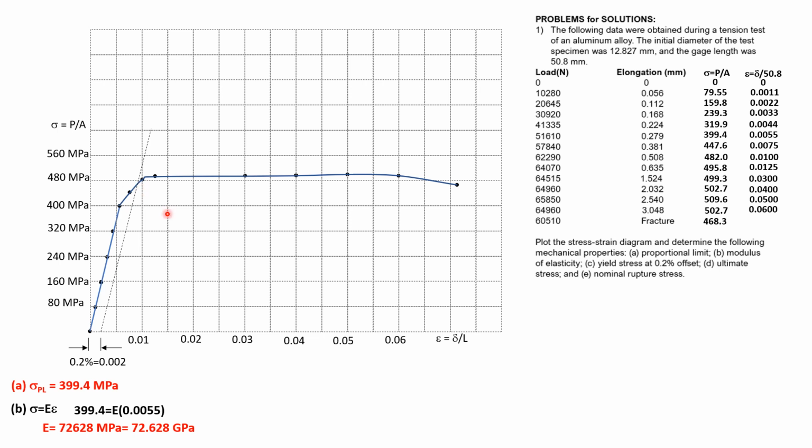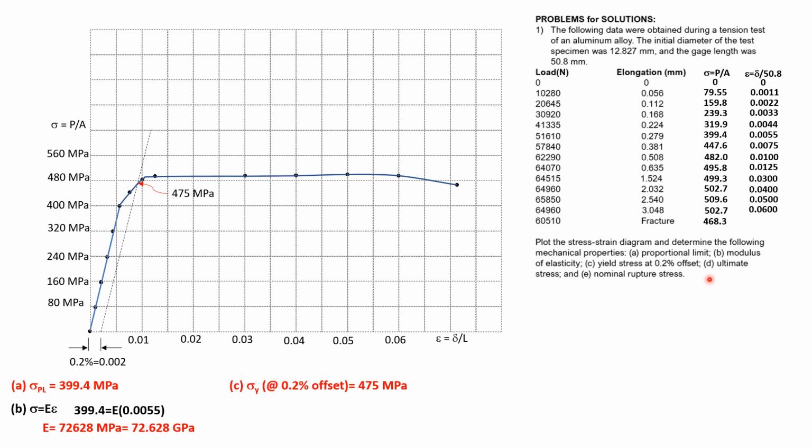If we estimate that, it's around 475 megapascals. So our estimate for yield stress is 475 megapascals at 0.2% offset. So that's the definition.